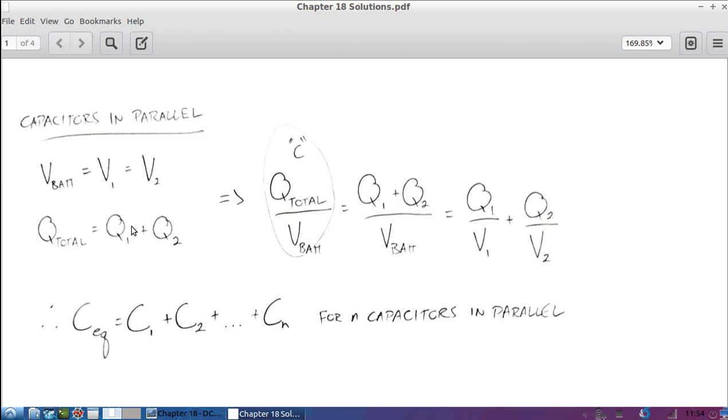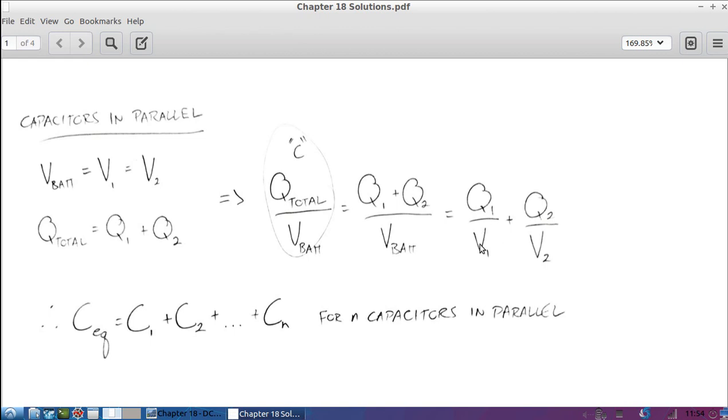But Q total is the sum of the charges of the two capacitors, so that's Q1 plus Q2. I can split this up into two fractions: Q1 over the voltage of the battery plus Q2 over the voltage of the battery. But I know that the voltage on capacitor 1 is equal to the voltage on capacitor 2, which is equal to the voltage of the battery. So I'm substituting V1 in for V bat and V2 in for V bat because they are equivalent.